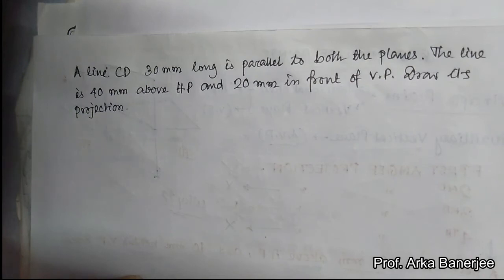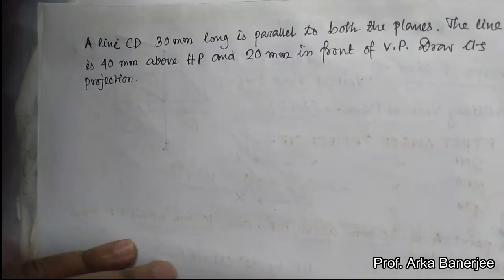Next problem. A line CD 30 millimeter long is parallel to both the planes. The line is 40 millimeter above the horizontal plane and 20 millimeter in front of the vertical plane. We need to draw its projection.